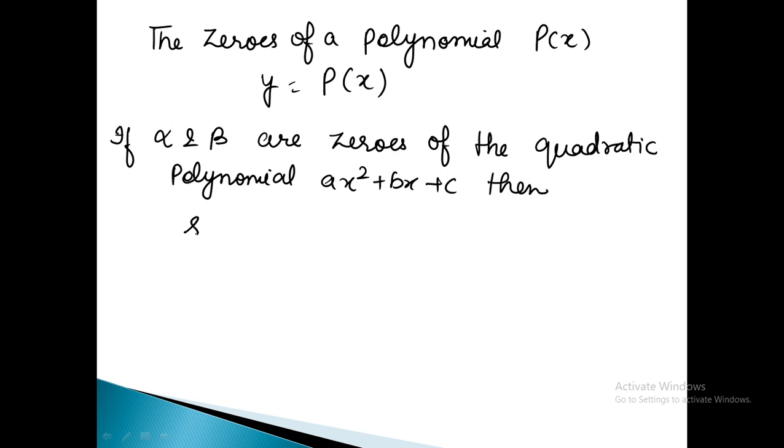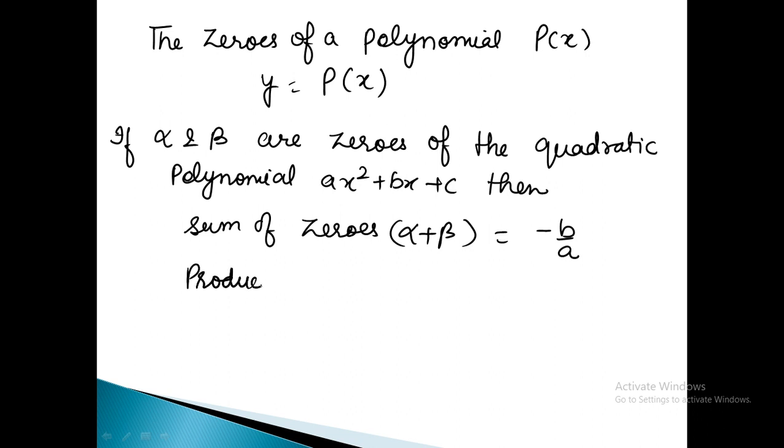the sum of zeros, alpha plus beta, is equal to minus b over a, and the product of zeros, alpha into beta, is c over a.